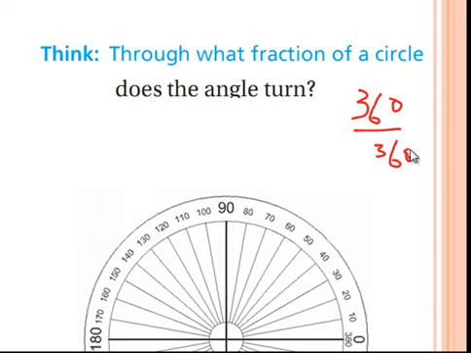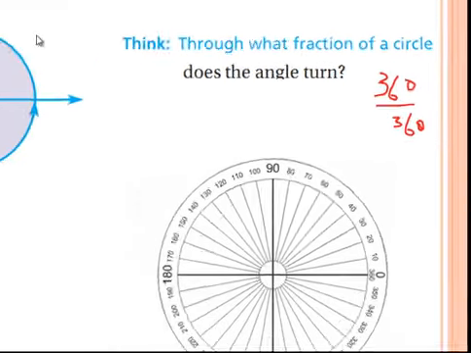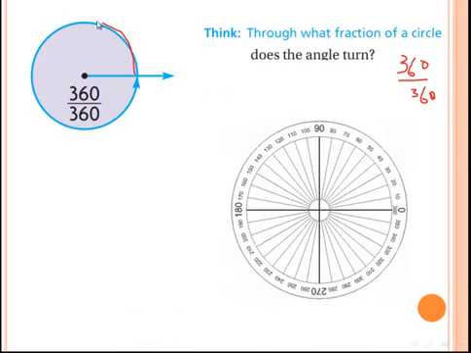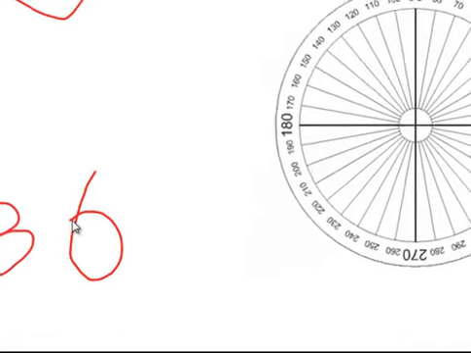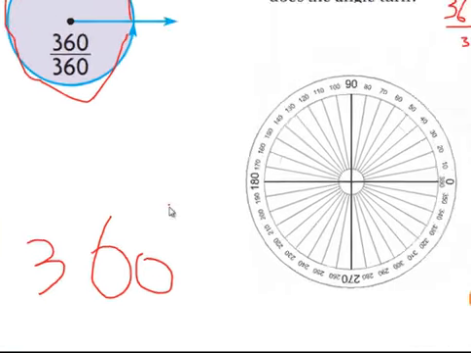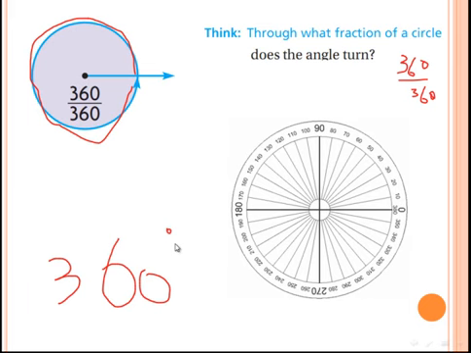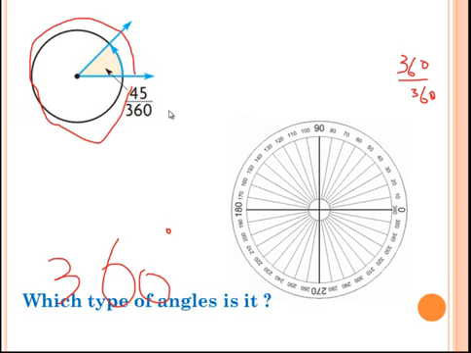So how many degrees are now in this part? What is the measure of this angle? 360 degrees. Don't forget this sign. 360 degrees. Okay, let's go to the next example.